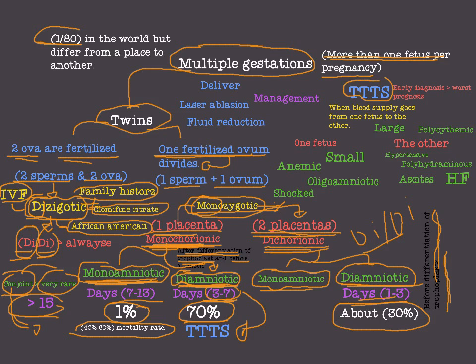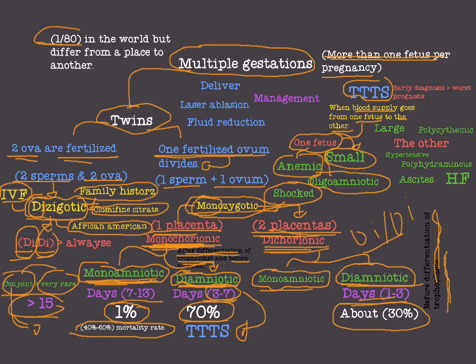It's a case of, okay, a blood supply that goes to or from one fetus to the other. So we have one donor baby and the other is recipient. Okay, one donor and the other is recipient. The donor baby or fetus will be small, as expected, anemic, also as expected, oligohydramnios, oligoamniotic, and choked as expected.